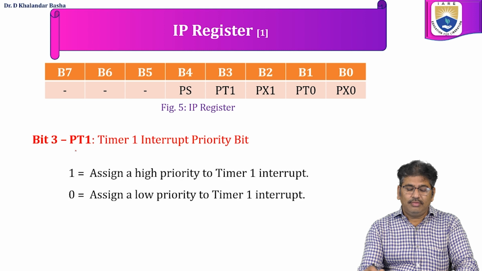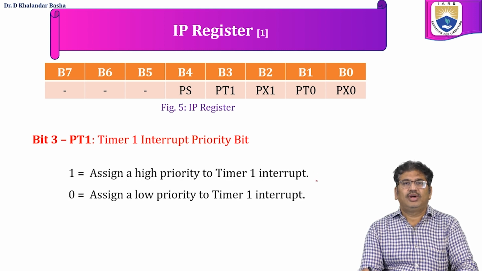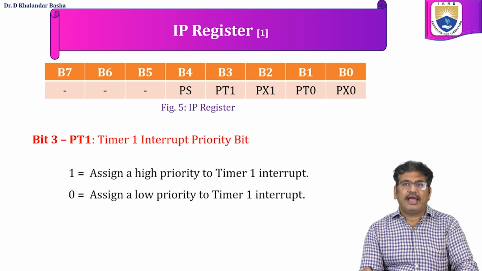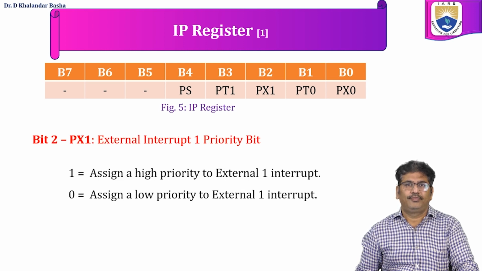Next, PT1, which is on bit 3, is the timer 1 interrupt priority bit. If PT1 is equal to 1, it will assign a high priority to the timer 1 interrupt, that is timer overflow 1. If the PT1 bit is assigned as 0, it will assign a low priority to the timer 1 interrupt.